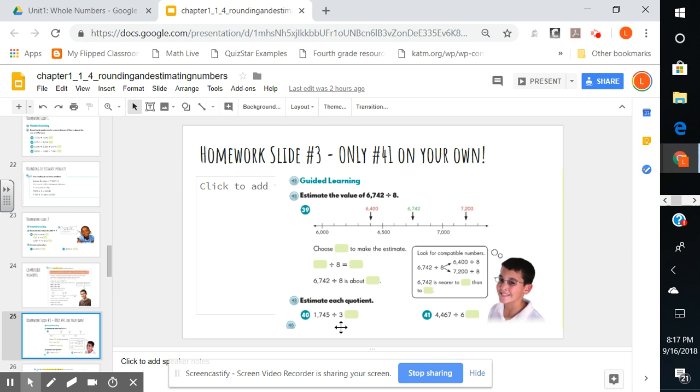Well, 3 times 5 is 15, so you could use 1,500 divided by 3. And then you could use 3 times 6 is 18, so you get 1,800 divided by 3. That's where they are surrounded. 1,745 is between 1,500 and 1,800 on the multiplication chart. Okay, thank you.